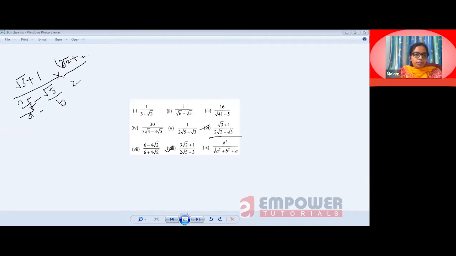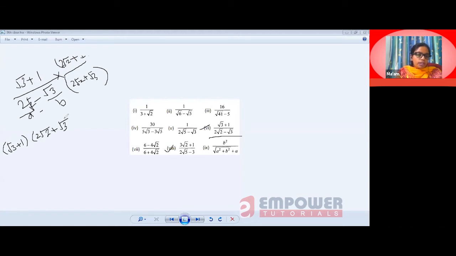Now in the numerator I will get root 3 plus 1 in one bracket, and in another bracket I will have 2 root 2 plus root 3.